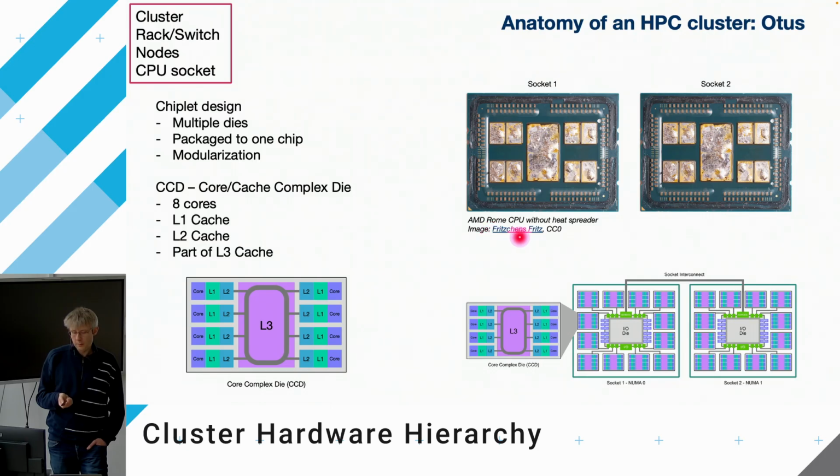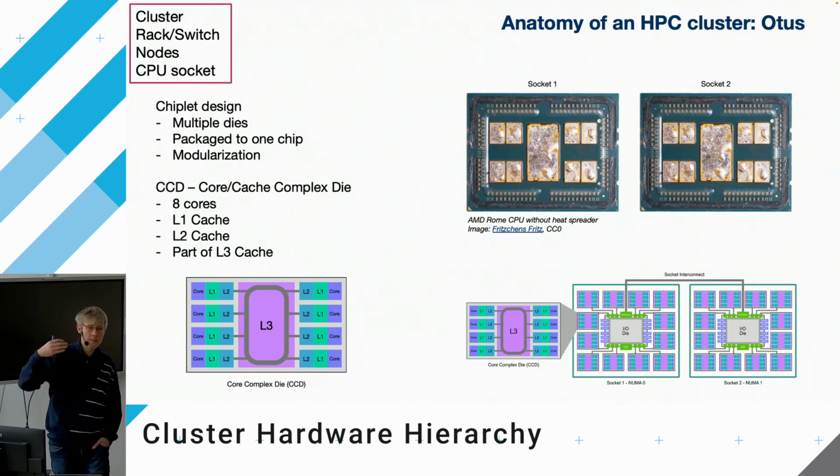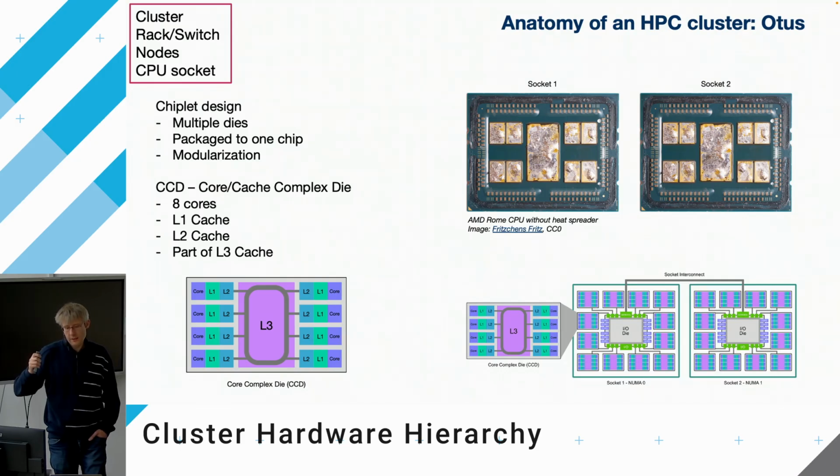It's an AMD Rome CPU, but the idea is the same: on the package we actually have multiple chips. This makes the manufacturing easier, because the size of the chips is smaller, so the probability that you have a working chip at the end of production is higher, so the yield is better. But you can combine these chips on one CPU package and connect them and make a complete CPU out of it.